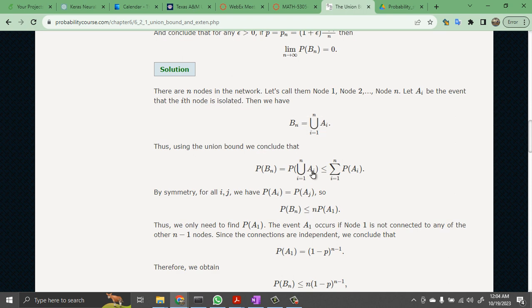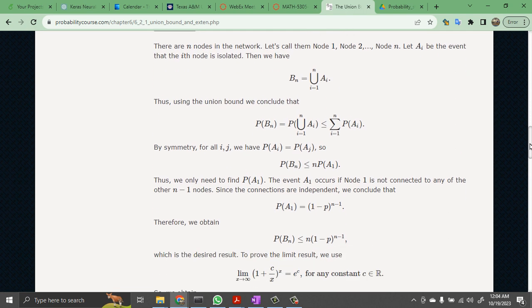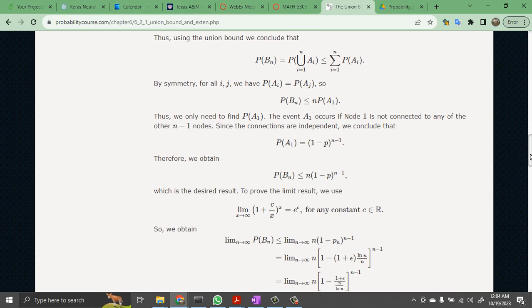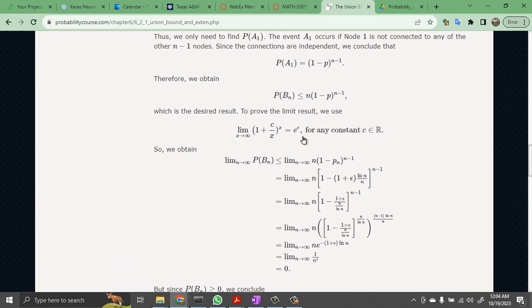So here's your sum bound, and because there are n nodes and they all have the same probability, we can reduce this sum to n times, and then here he calculates the probability that one particular node is isolated. Okay. Then he uses this limit of e to the c, which is a common, important limit, and then takes the limit as n goes to infinity, does some algebra, and finds out that the limit is 0.